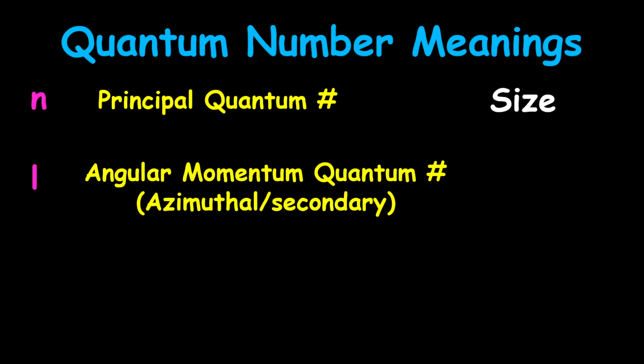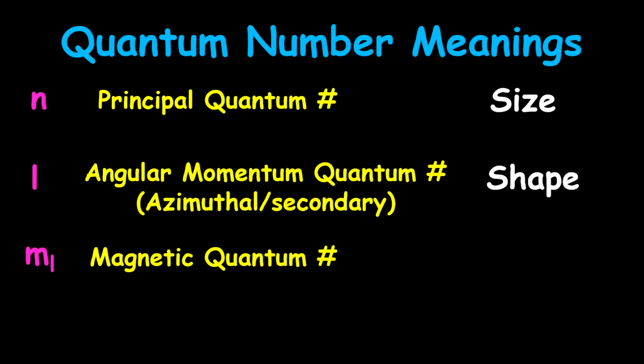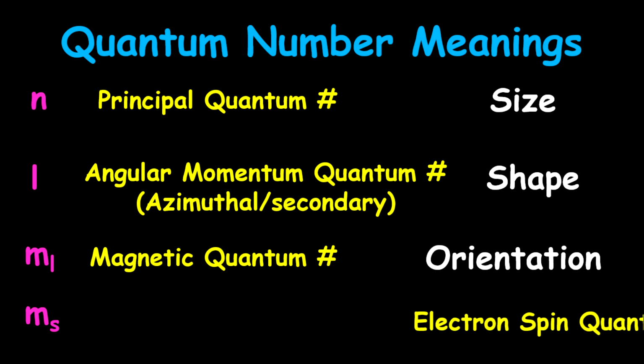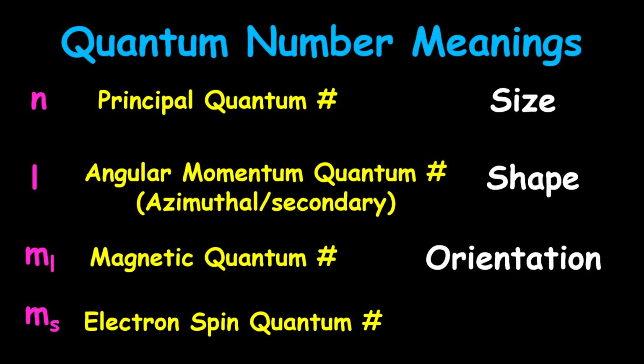It is also called the azimuthal or the secondary quantum number, and this denotes the shape of the orbital. The third quantum number is ml, the magnetic quantum number, and this denotes the orientation. The fourth quantum number is ms, the electron spin quantum number, and this regards the spin of the electrons.